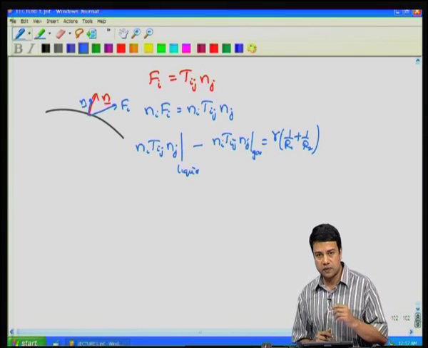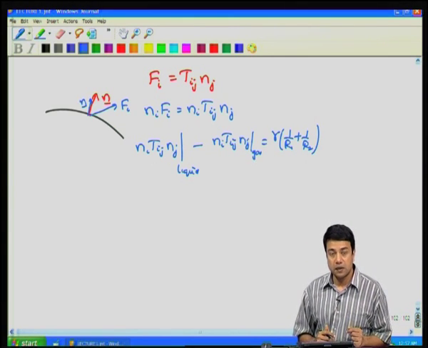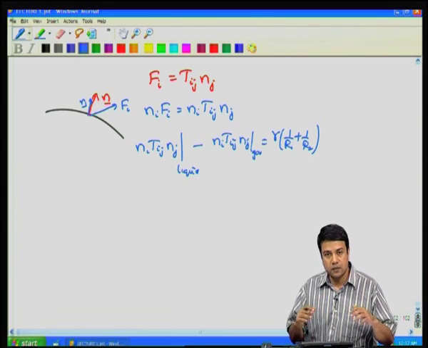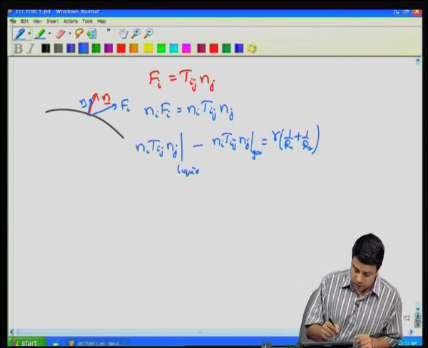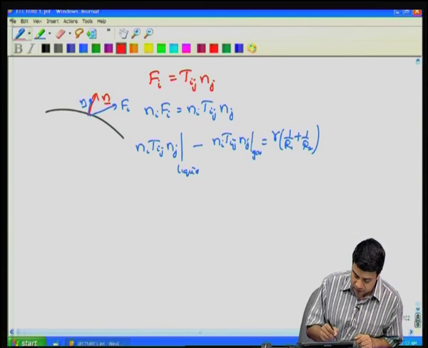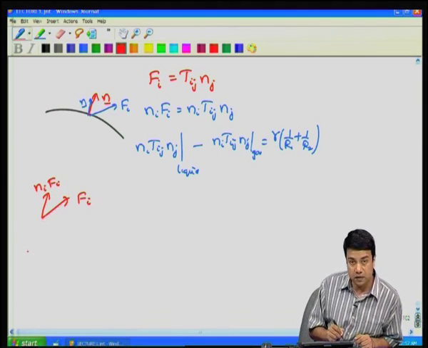So, there is a normal force balance relation. What about the component of the force that is perpendicular to this, that is tangential to the surface, which is perpendicular to the normal? If I have this force Fi, and I take the dot product of this with n, I will get Ni Fi, which is the force along the normal.